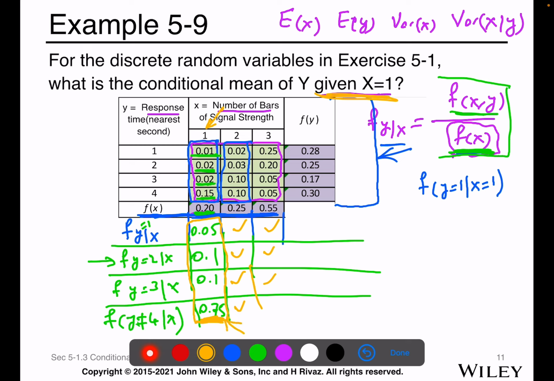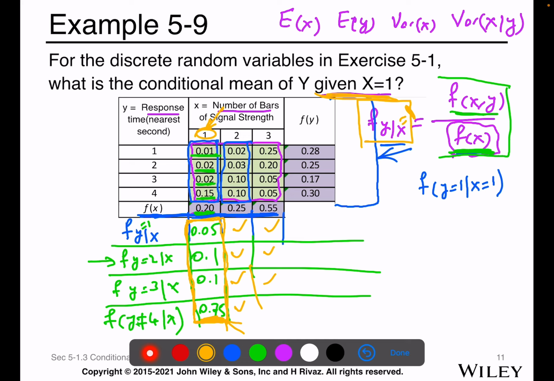So these 4 numbers around the yellow box give me f of y given x equal to 1.